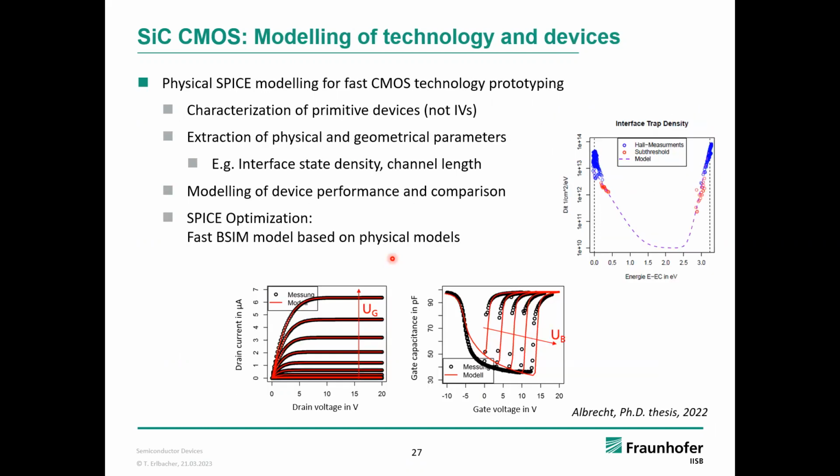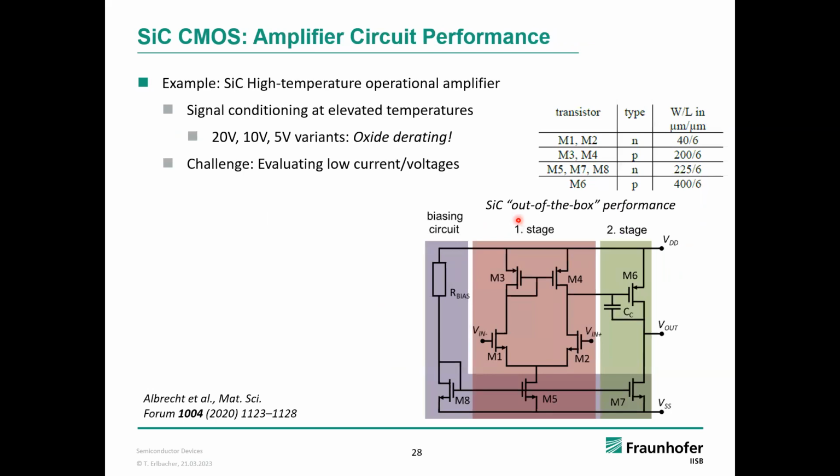That is also related to physical properties in the model, which is the interface state density in silicon carbide, which you cannot so easily neglect like in silicon, and which has a significant effect on the subthreshold properties and the capacitance and everything. So it's quite helpful to have these kinds of models in place so that you can predict what technology development in an early access technology actually means for the models, rather than first having to try it out all the way.